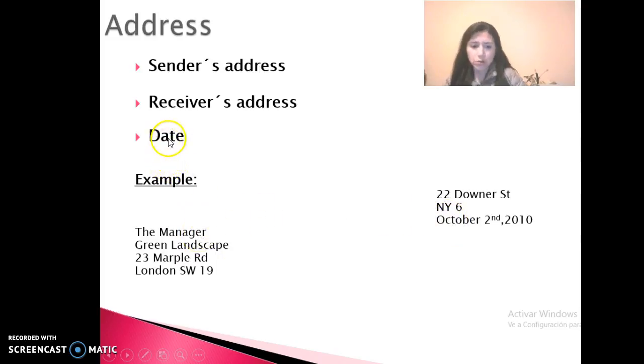Also, you need to put the date. It may be written on the right or on the left below the sender's address. And don't forget to write the month as a word. It is very formal.